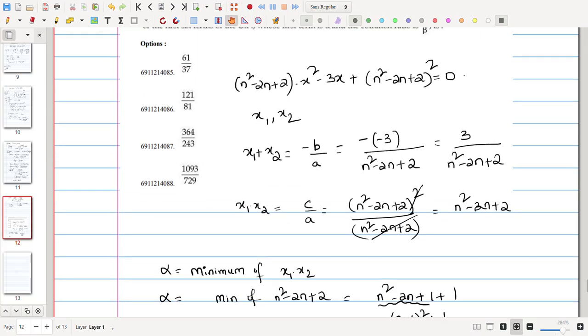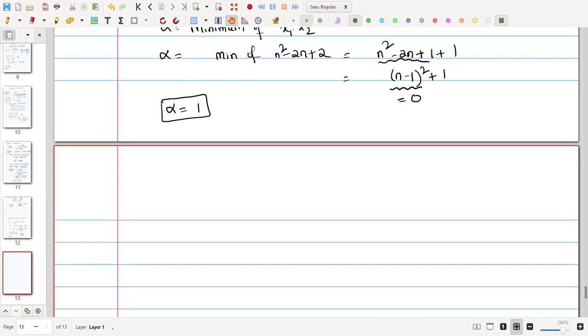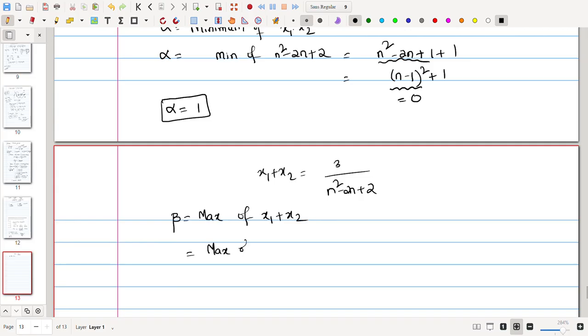Similarly, beta is the maximum value of the sum of roots. Here the sum of roots x1 + x2 is 3 by n² − 2n + 2. So beta is the max of x1 + x2, which is the maximum of 3 by n² − 2n + 2. 3 is a constant, so when will it become maximum?